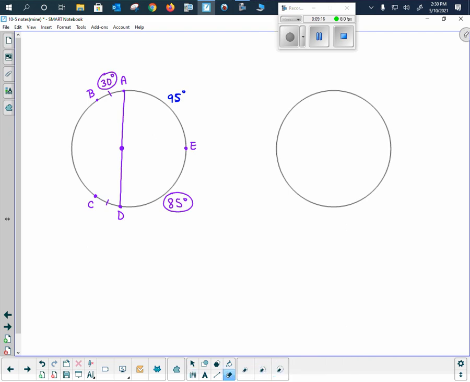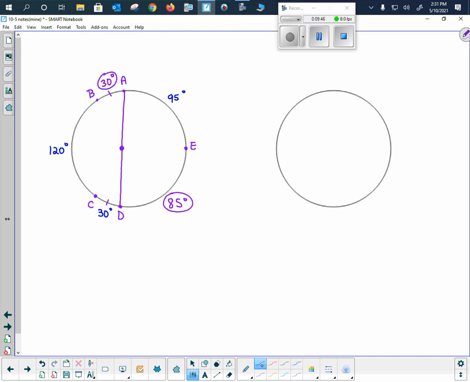Okay, so fill that in. And then over on the left-hand side, don't forget what markings mean. They're equal. So if AB is 30, CD is 30, because they're marked with the same marking. And then those 3 arcs make up the 180. So I'm going to take 180 minus 30 minus 30 and get 120 degrees here from B to C.